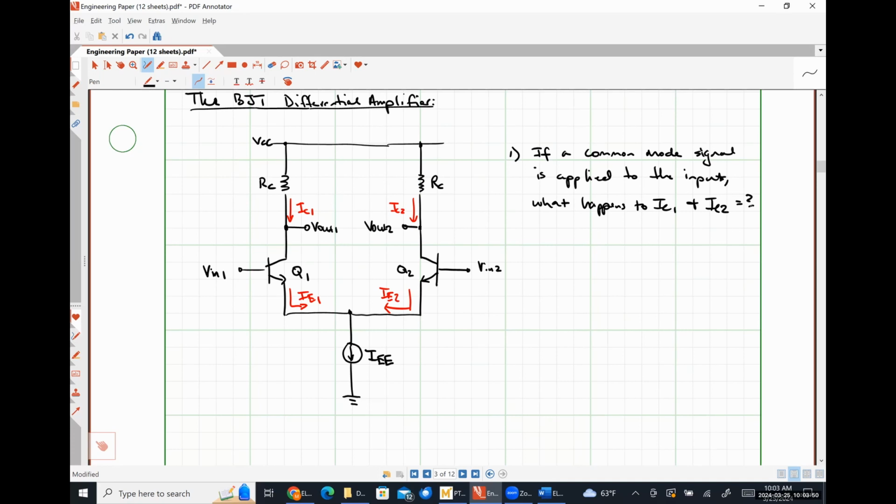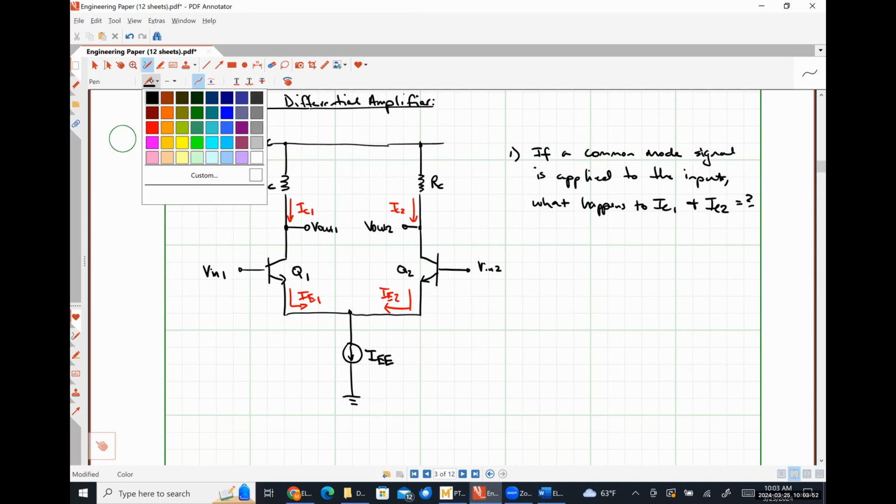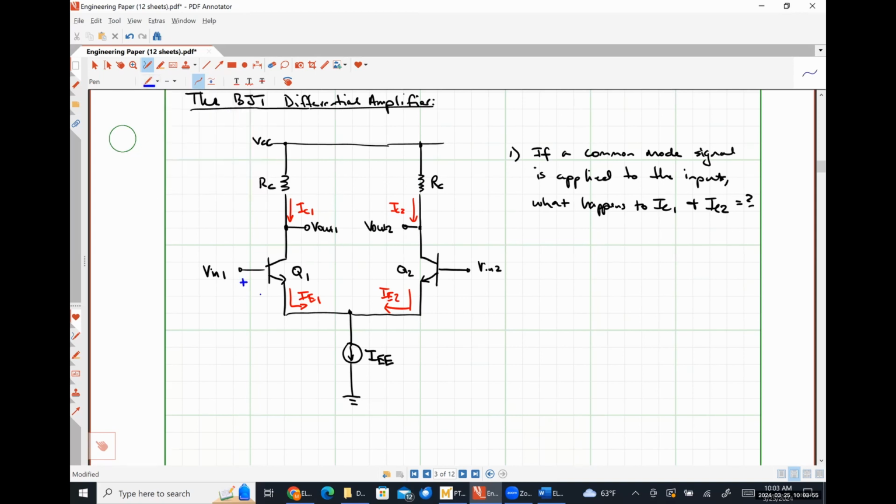Okay. So first thing that we can see is that if we apply the same voltage to VN1 and VN2, this base emitter voltage VBE1 and this base emitter voltage VBE2 have to be the same, right? So what implications does that have? Well, IC1 and IC2 also have to be the same, right?